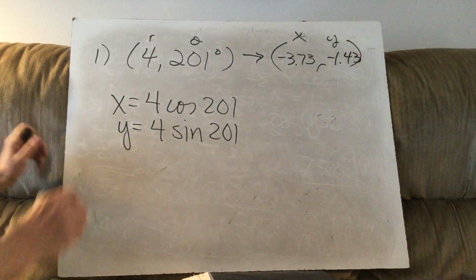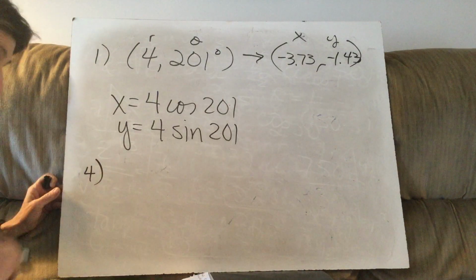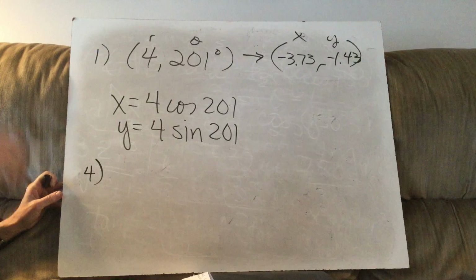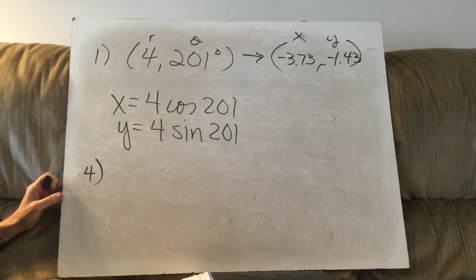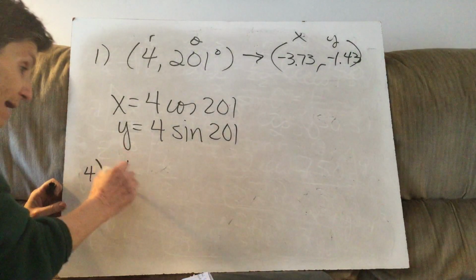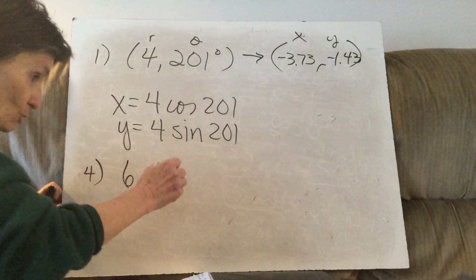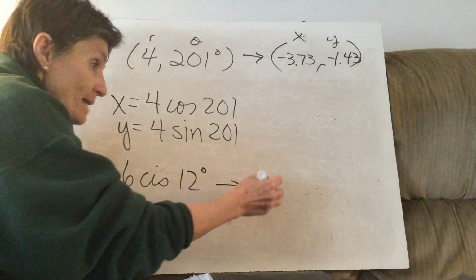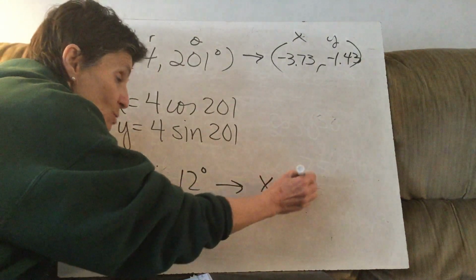Now, skip down to number 4. That was number 1. Skip down to number 4, because it starts out with the same 3 words, convert to rectangular. So we have 6 cis 12, and we're going to convert that to x plus yi.